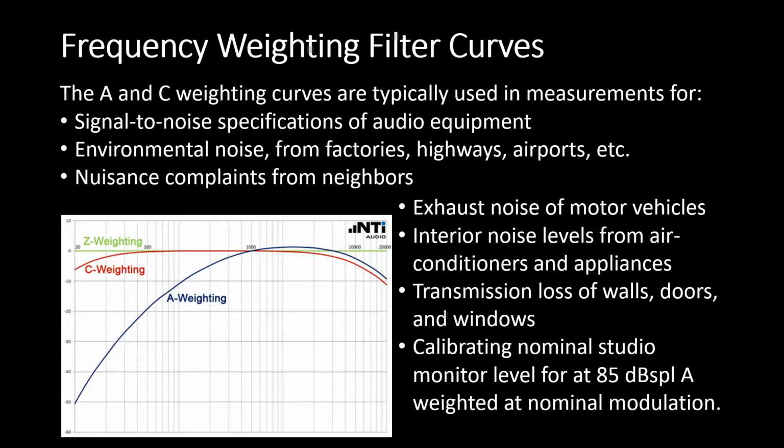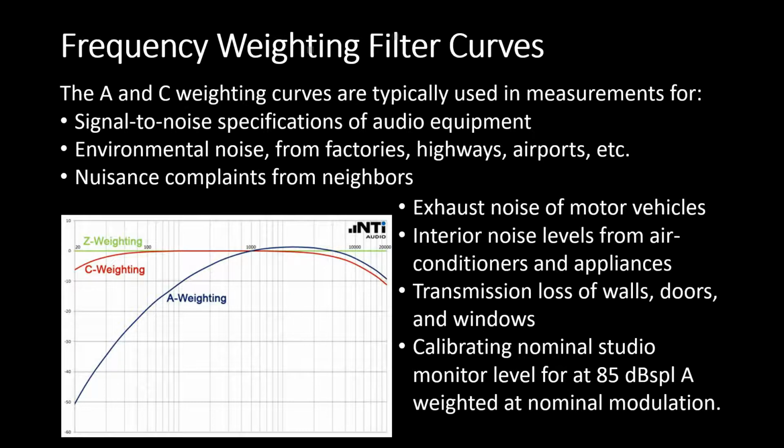Now, the A and the C weighting are used for signal to noise specifications of audio equipment. They're also used in an environmental setting to look at noise levels in factories, highways, or airports, and it's what's used to investigate nuisance complaints from neighbors for too much sound.